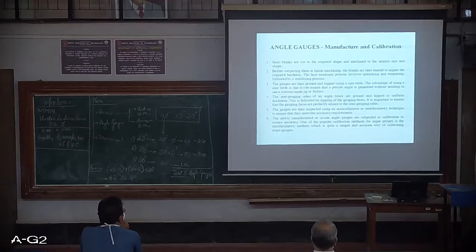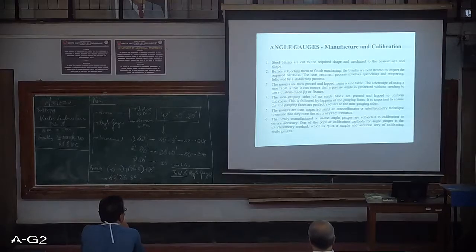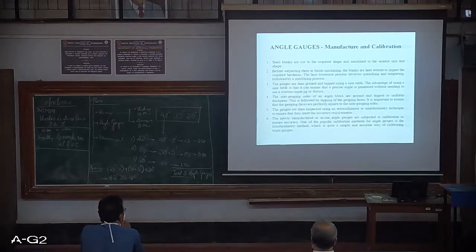The non-gauging sides of an angle gauge blocks are ground and lapped to uniform thickness. This is followed by lapping of the gauging faces. It is important to ensure that the gauging faces are perfectly square to the non-gauging sides. The gauges are then inspected using an autocollimator or interferometry techniques to ensure that they meet the accuracy requirements.